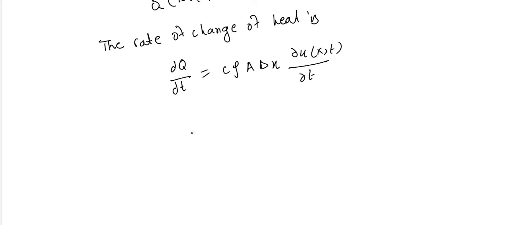And now you also consider heat flowing in and heat flowing out. Okay, what's going on here? Actually, there are a lot of rules for heat which are followed when heat moves through a metal.